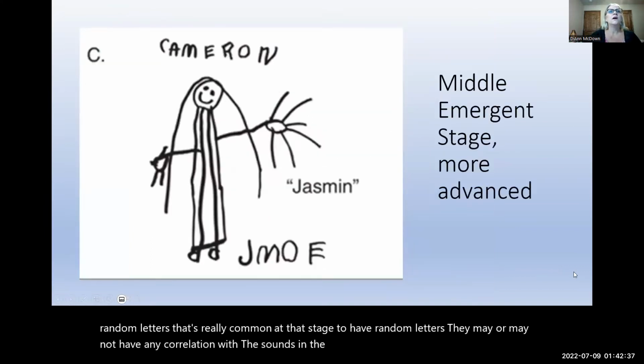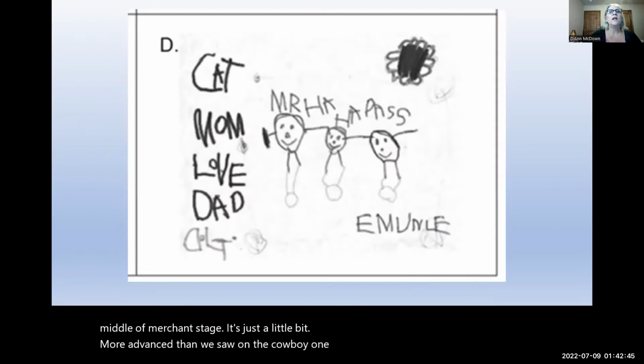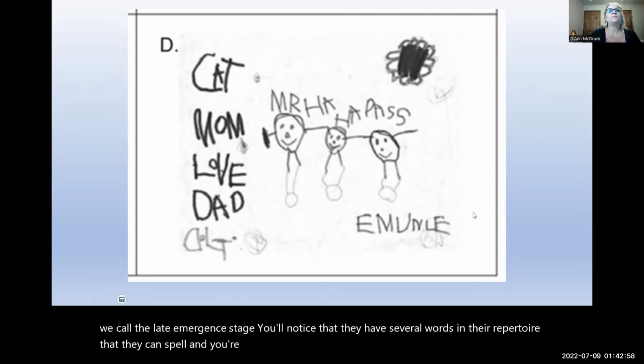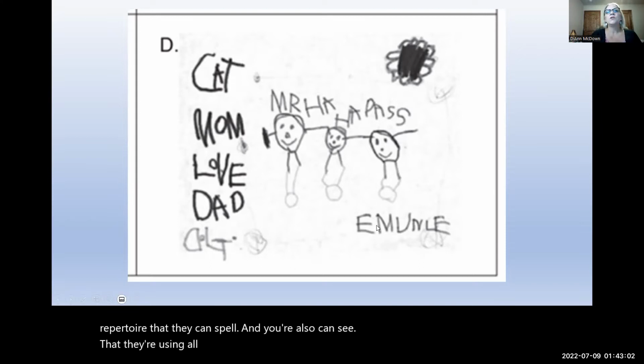So that's still in the middle emergent stage. It's just a little bit more advanced than we saw on the cowboy one. And then last, at the end of this stage, what we call the late emergent stage, you'll notice that they have several words in their repertoire that they can spell. And you can also see that they're still using all capital letters. You'll see here Emily.